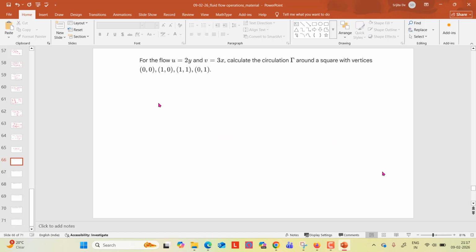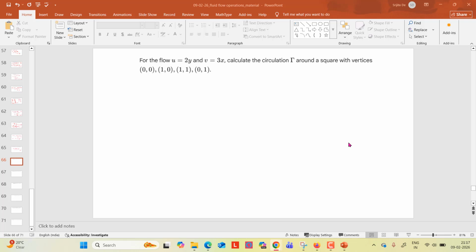Next, for the flow u is 2y, we calculate the circulation.